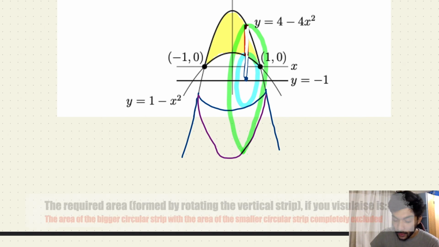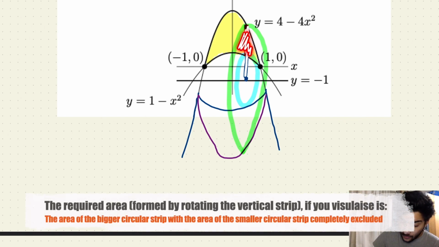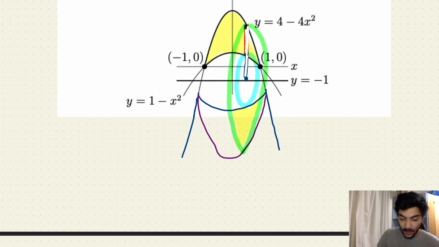However, since you know that you're only concerned with this area over here and similarly this area over here, you'll see that that is basically subtracting the area of the larger circular strip with the area of the smaller circular strip over here. I know it's harder to visualize, but if you try to rotate this vertical strip around y equals minus 1, you'll see that you are basically forming two circular strips, one with a larger radius and the other one with a smaller radius.